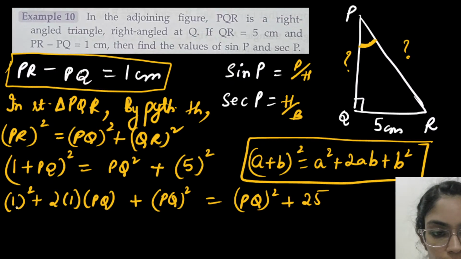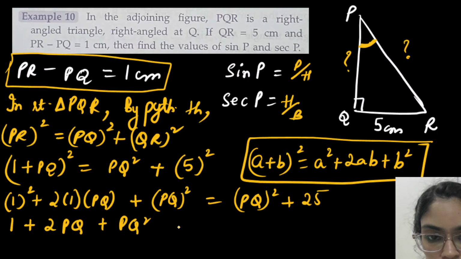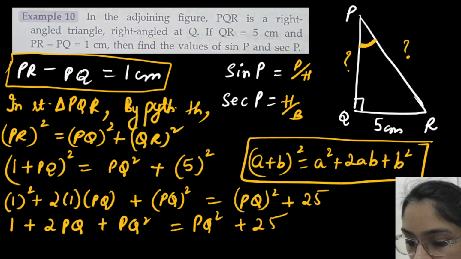So let's do this. 1 square is 1. So this will become 2 PQ, and this will become PQ square as it is. Here also PQ square plus 25.